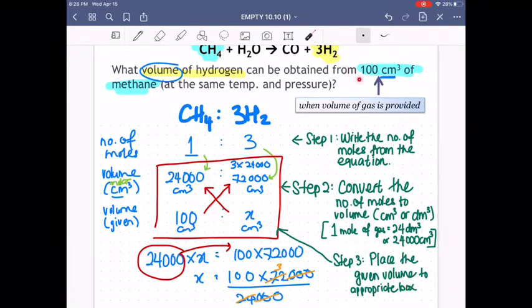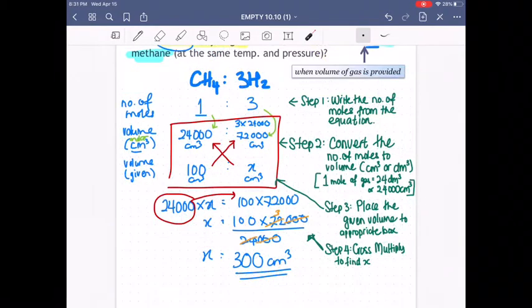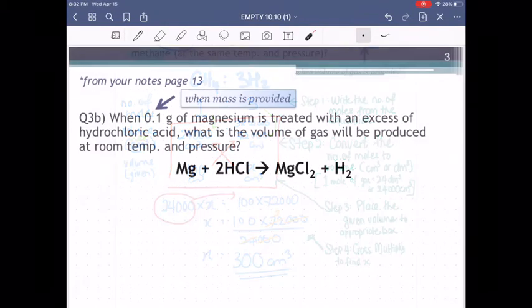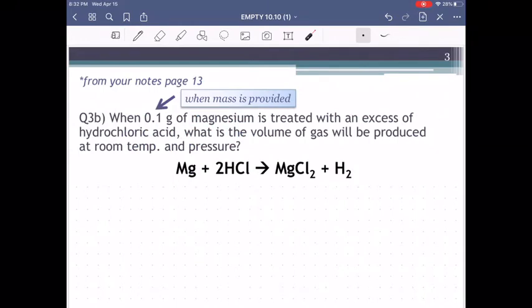The given volume in the question is 100 cm³ of methane, so you place this 100 underneath CH4. The unknown, the volume of hydrogen, you put as X. Step 4, the final step, you cross multiply to find X. You just focus on this box, cross multiply as usual, do your maths, and finally you get the value of X. That's all.